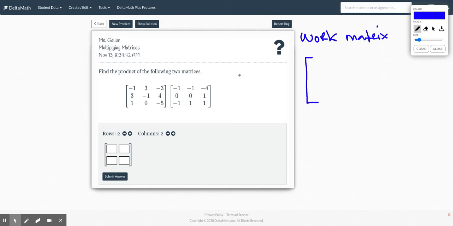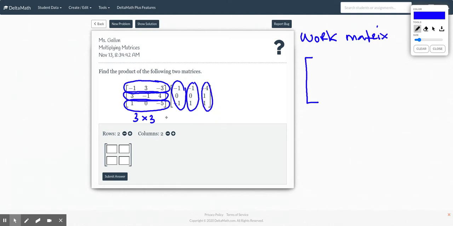let's see. The first thing that I want to do is I'm going to be multiplying the rows by the columns. So let's think about the final dimensions. So I've got 3 rows and 3 columns. This is 3 by 3. Here I've got 3 rows and 3 columns as well. So I'm multiplying that by a 3 by 3.